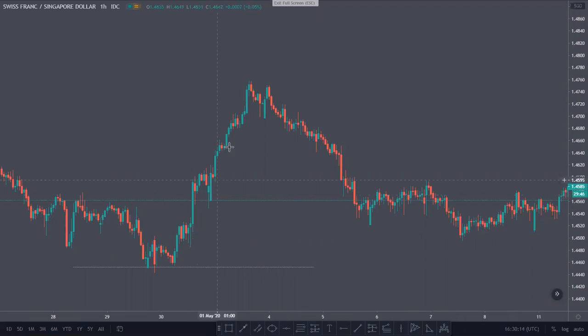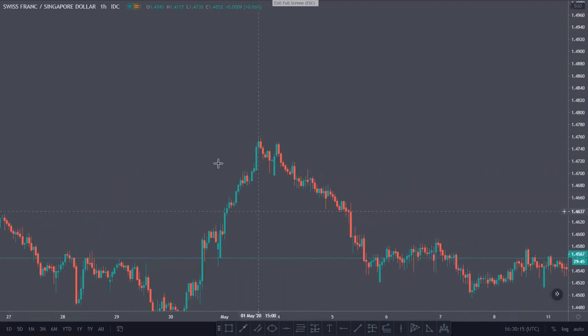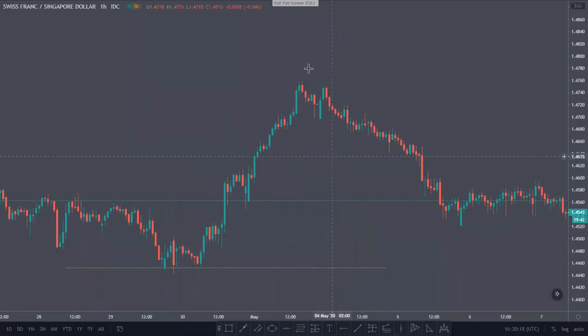Yeah, so and then we reach this point. So this is the point I want to talk about because I believe we have the double top pattern we've been talking about. So you notice that price formed a new high here. Okay, let me point it out. Price formed a new high here.